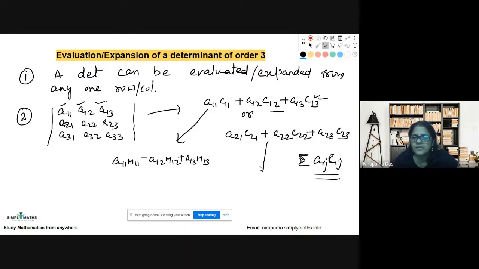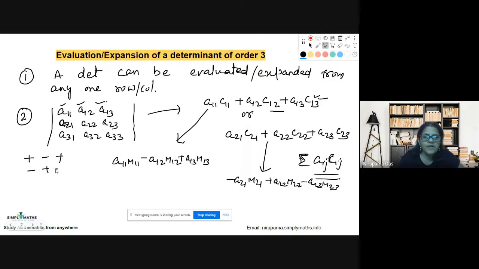Okay, if I consider this one, C21 equal to minus of minor. So minus A21 M21 plus A22 M22 minus A23 M23, like this. So again here sign convention goes like this: plus minus plus, minus plus minus, plus minus plus. Okay, so plus means cofactor equal to minor, minus means cofactor is negative of minor.